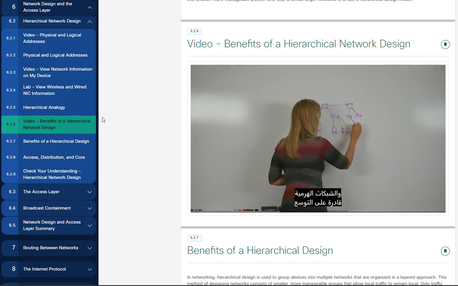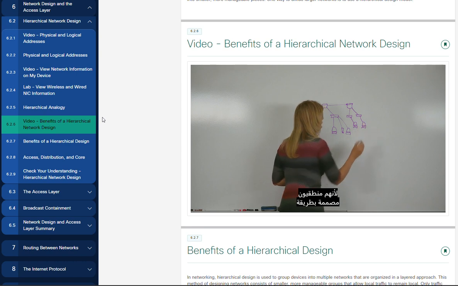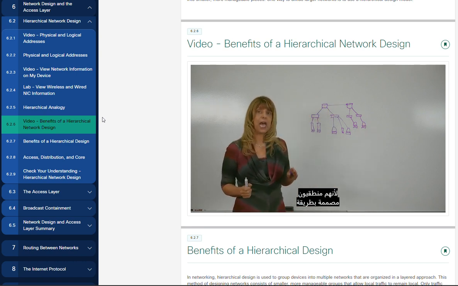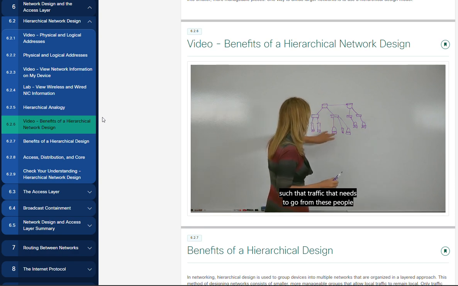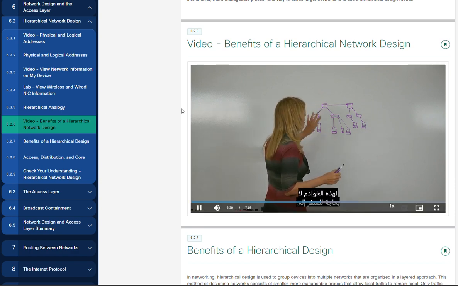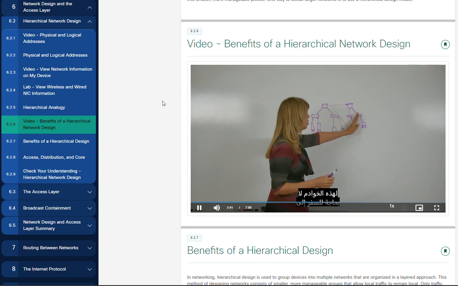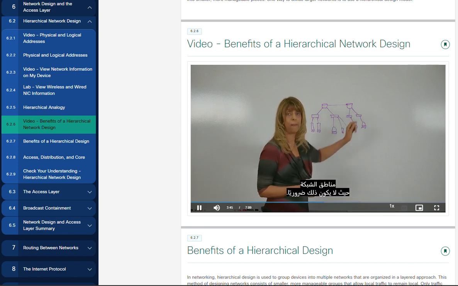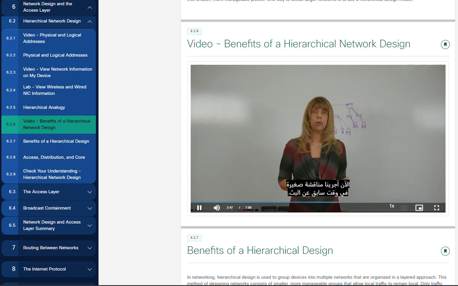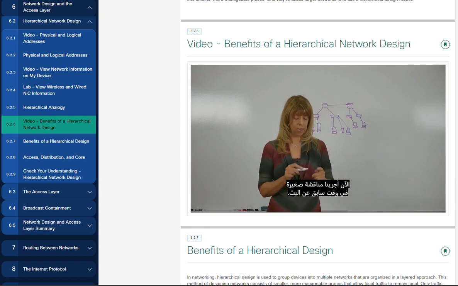Hierarchical networks are able to scale because they are logically designed in a manner such that traffic that needs to go from these people to these servers does not need to travel over to the areas of the network where it's not necessary. Now, we had a little discussion earlier about broadcasting.